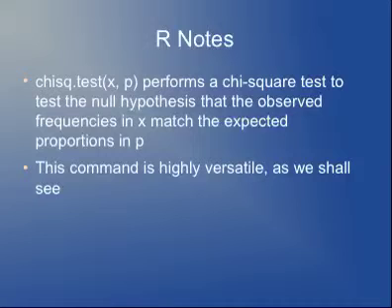In general, this chisq.test command will test the null hypothesis that your observed frequencies in a given vector match the expected proportions. And this command is fairly versatile as well. You can use it for some other types of chi-square tests, as I'll discuss in a minute.